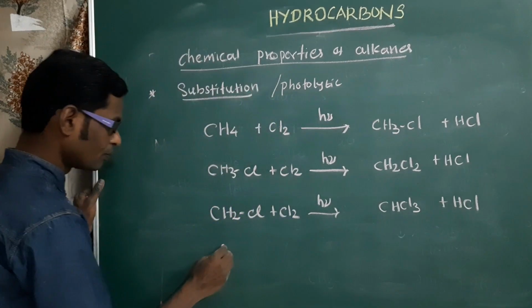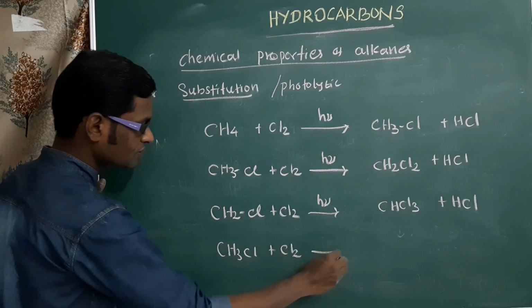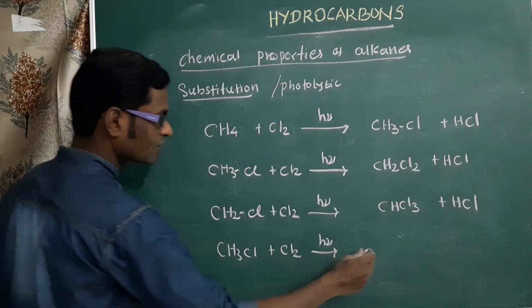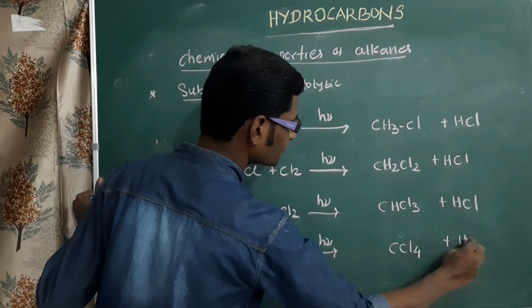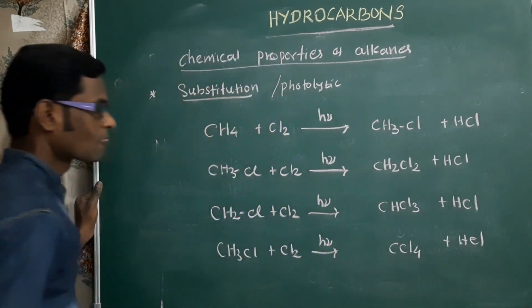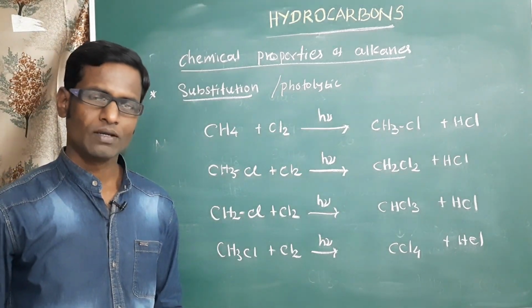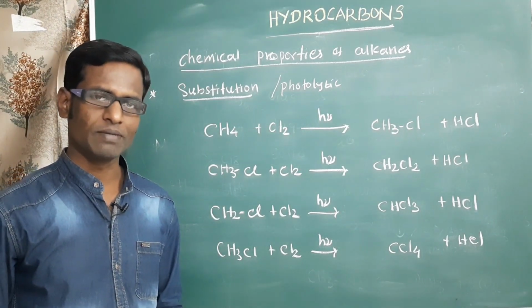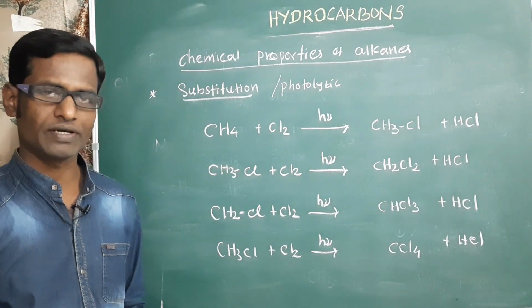When trichloromethane is treated with one more chlorine molecule in presence of light, we will get tetrachloromethane or carbon tetrachloride. This reaction is called photolytic substitution reaction because substitution takes place in presence of light.